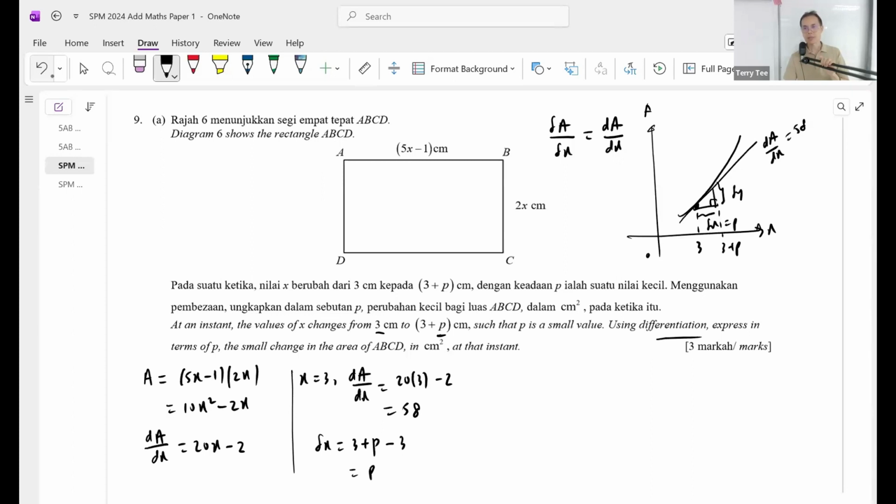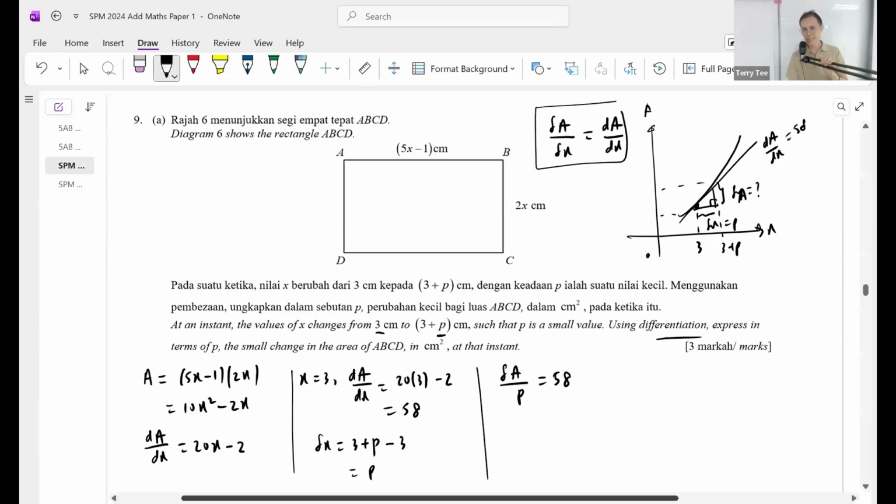I want to find the increment in my A value. So we use this formula: delta A divided by delta x, which is p, is the same as dA/dx, which is 58. So when you multiply over, your delta A is 58p.